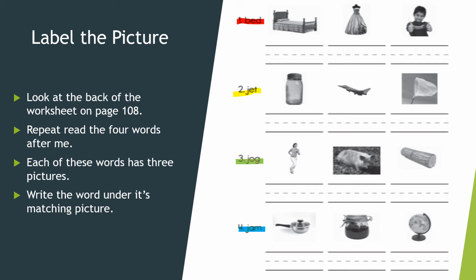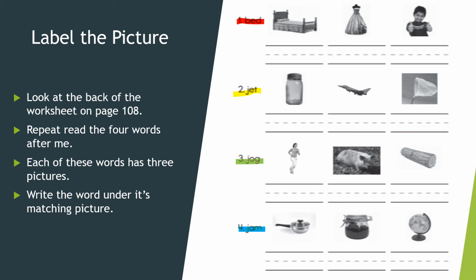I will do the first one with you. The word is bed. Which of these pictures shows a bed? Very good. The first picture shows a bed. So you will need to write the word bed neatly on the lines under the picture. Bed is spelled B-E-D.